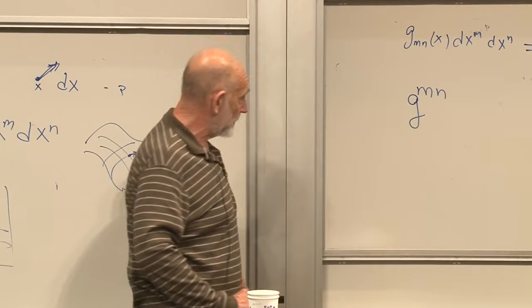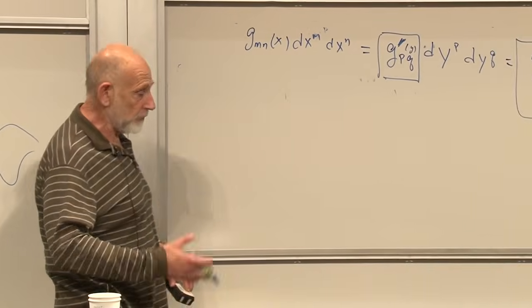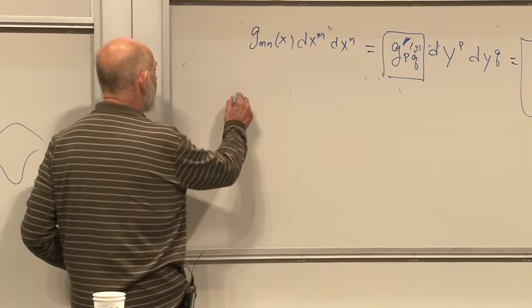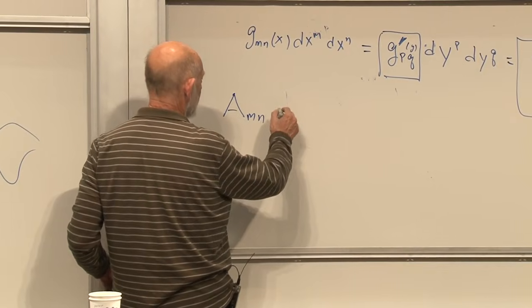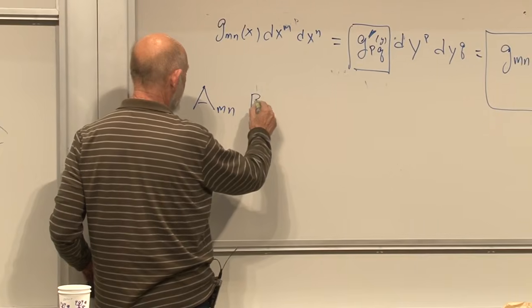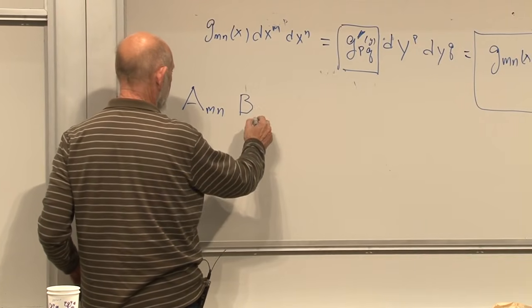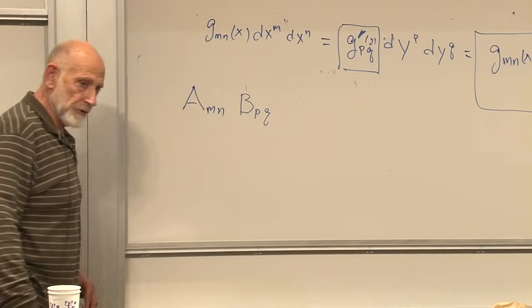This is the last thing we're going to do tonight. How do you write the fact? If we have two matrices, let's just take two matrices, A and B. One is called A_MN, and the other is called B_PQ. How do we multiply two matrices together?